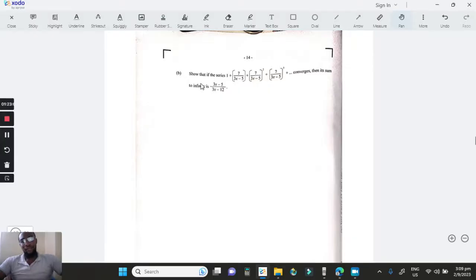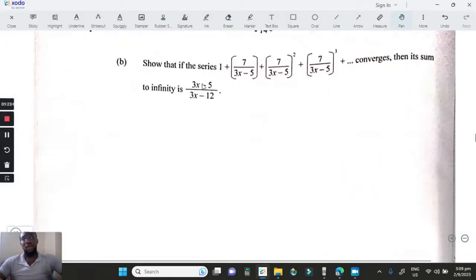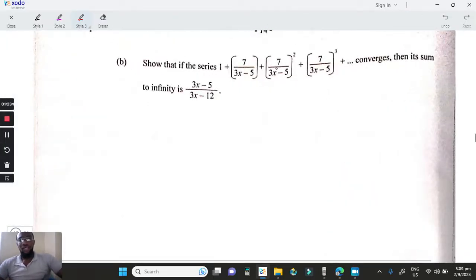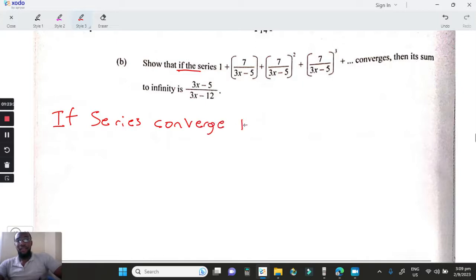All right. This one now, part B. Show that if the series converges, then that's its sum to infinity. First thing we have to take in, the big fact, is that if the series converges, then we know that the sum to infinity is a over 1 minus r.